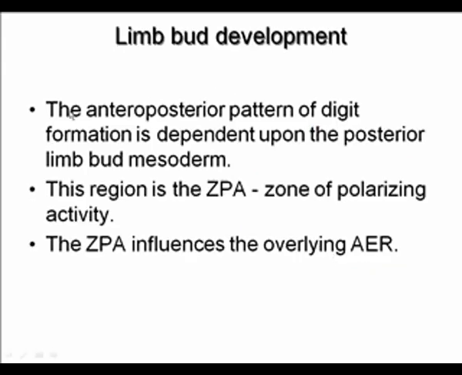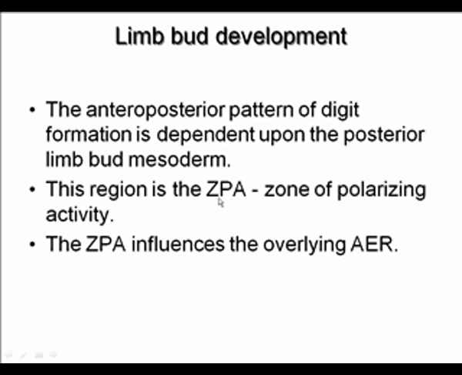Finally, we can talk about the antero-posterior axis in terms of digit formation and radius and ulnar formation. Important in the anterior-posterior patterning that occurs is the zone of polarizing activity. The zone of polarizing activity is going to influence the overlying apical ectodermal ridge.